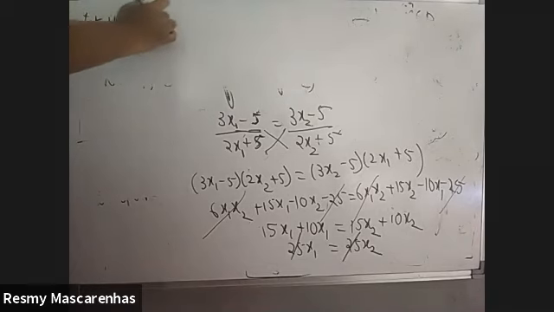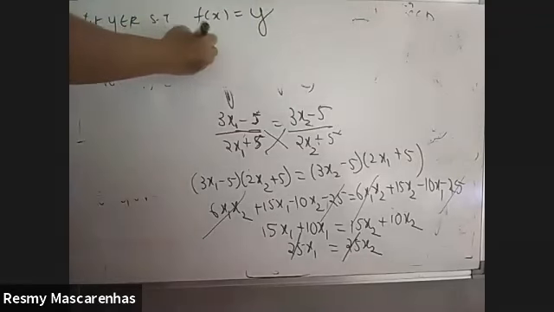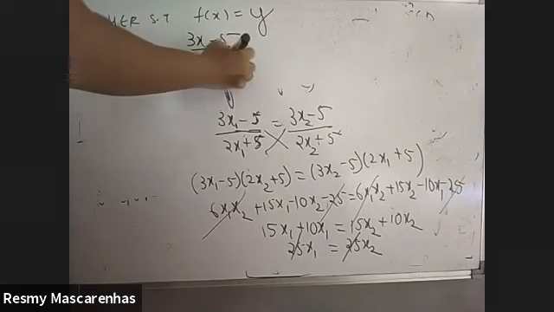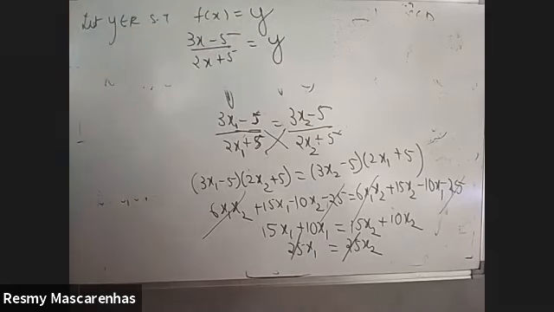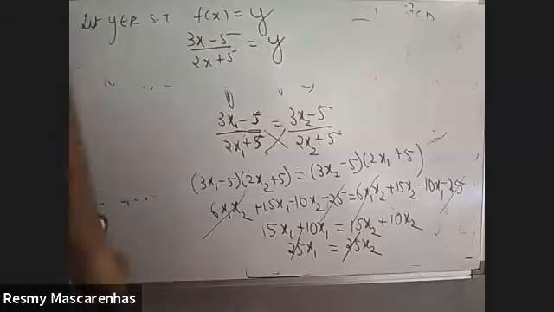Let y belong to R such that y = 3x... Again, now you have to express it in terms of x. So what you do, first cross multiply.